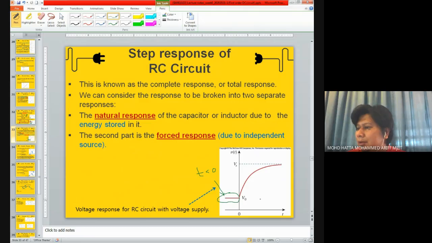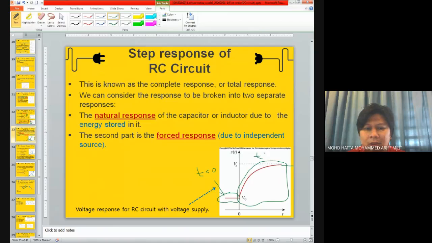And the one that you saw on the right hand side is being constant at V of s. So here, this part, maybe towards infinity, yeah. So if we consider towards infinity, maybe this is a bit longer. And this is for t greater than 0.